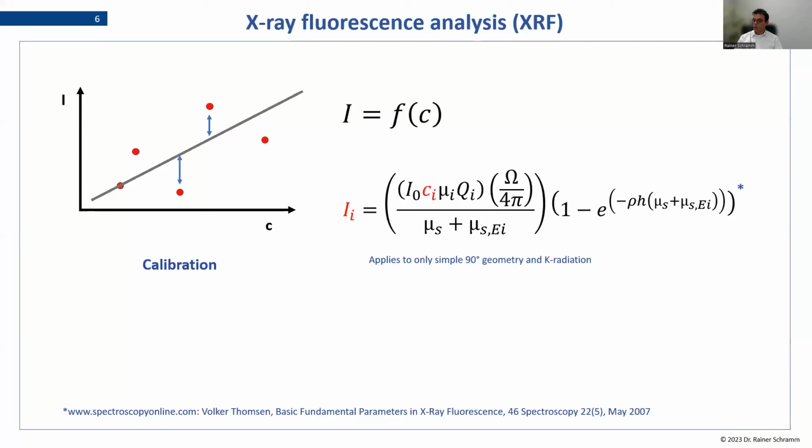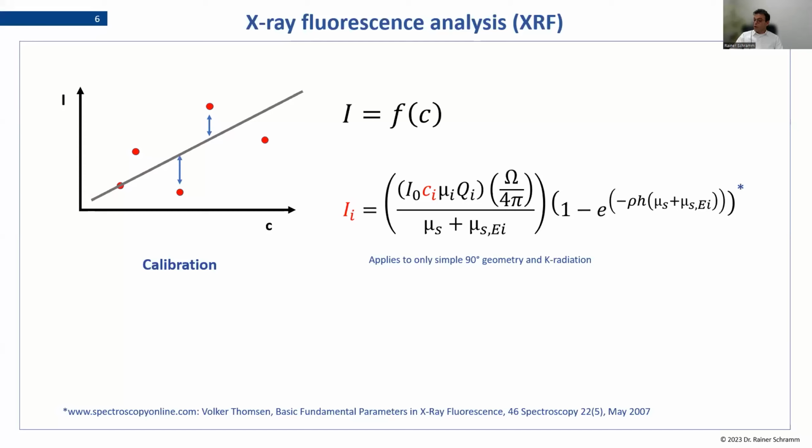The rule is that the higher the energy, the lower the absorption when it goes through the other elements. This is why with heavier elements we can see fluorescence radiation deeper and deeper into the sample, and why we penetrate more and more of the sample. So it's an indirect effect.